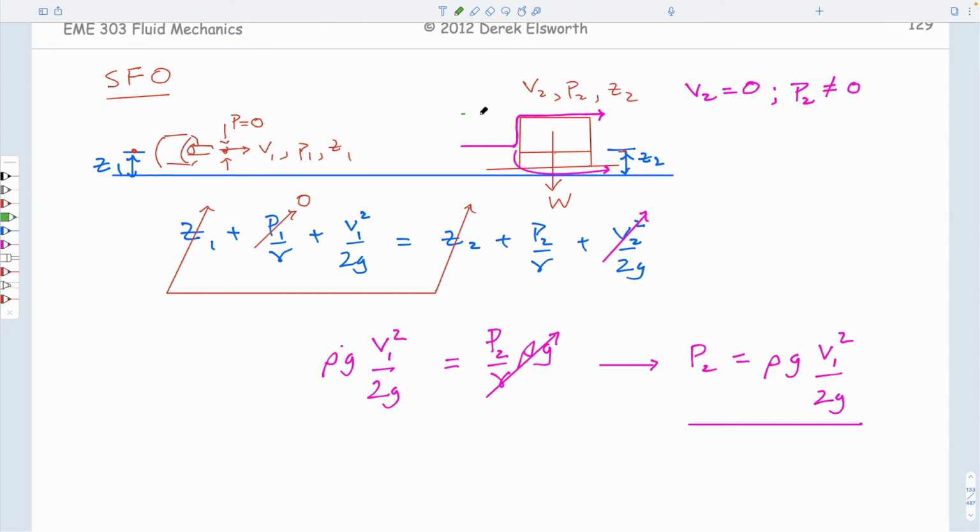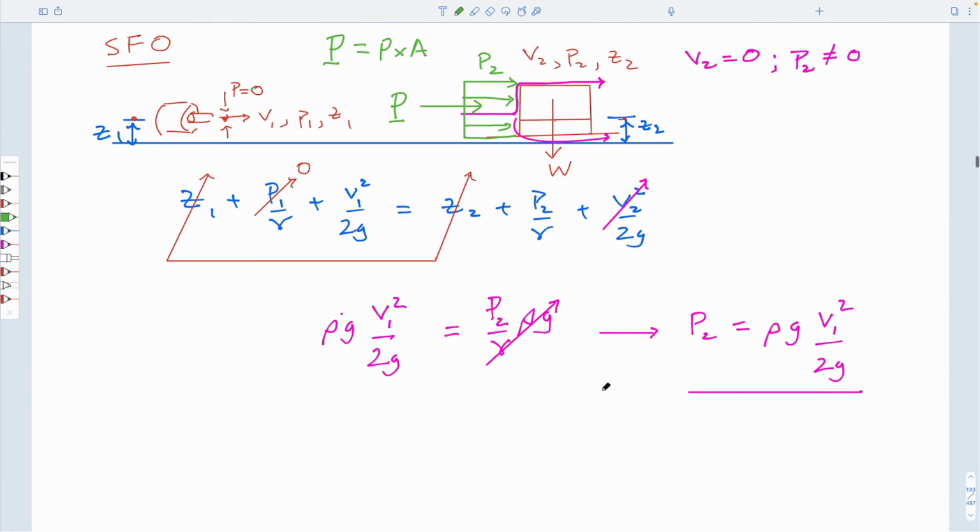So what we might want to do is we might want to draw a free body diagram. And that free body diagram would have a pressure acting. And I suppose we could write that pressure as a resultant force. And that resultant force is equal to the pressure times the area, right? And we could solve for this.